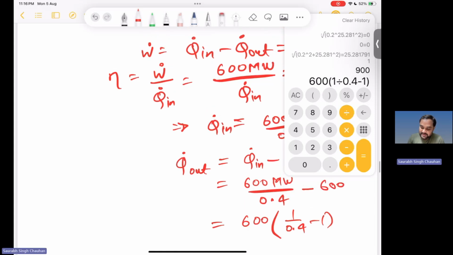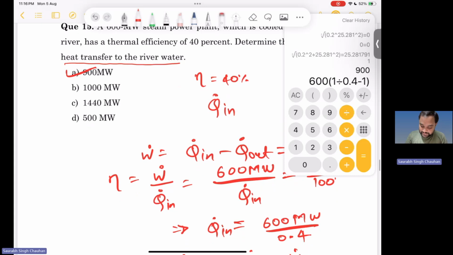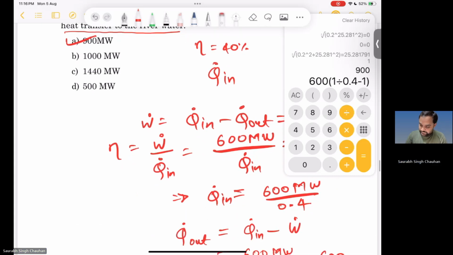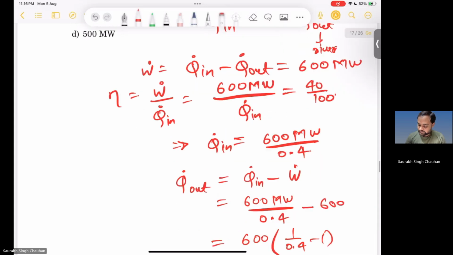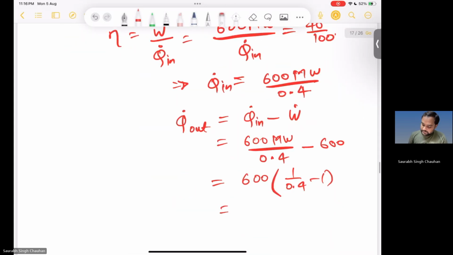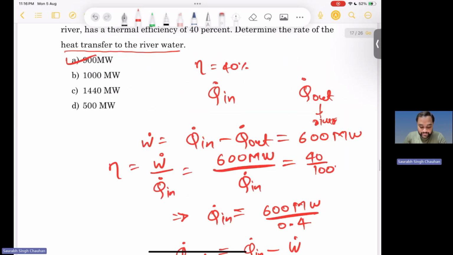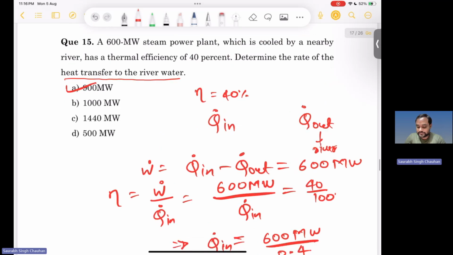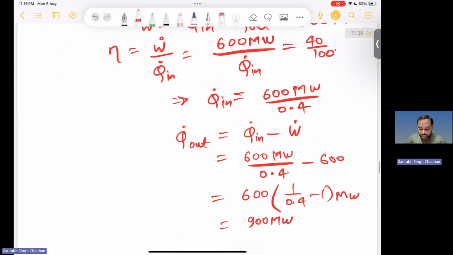So it is 900, right? 900 megawatt. So option A, 900 megawatt should be the correct option. I hope this is clear, and we can move to the next question.